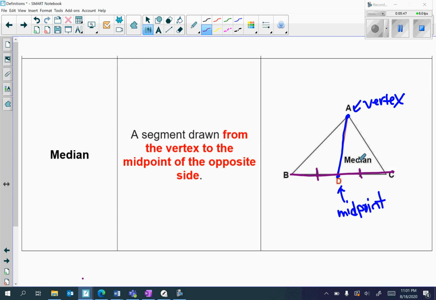So again, a median is drawn from the vertex to the midpoint, and it creates two congruent parts. So BD is congruent to DC. A median is a segment drawn from the vertex to the midpoint of the opposite side.